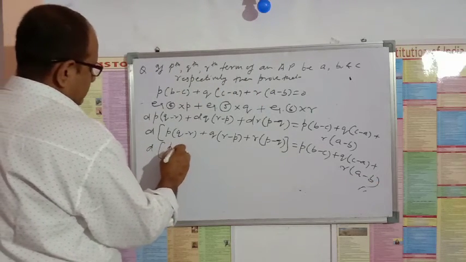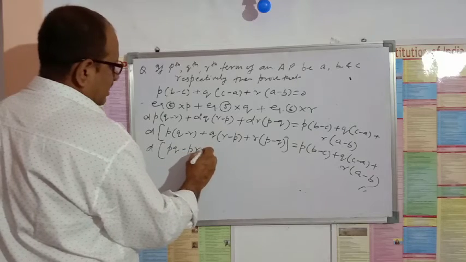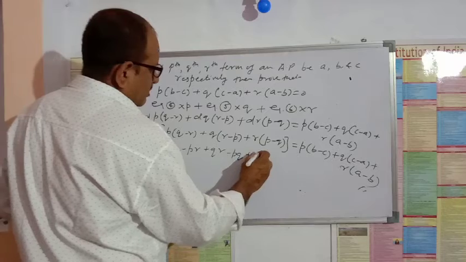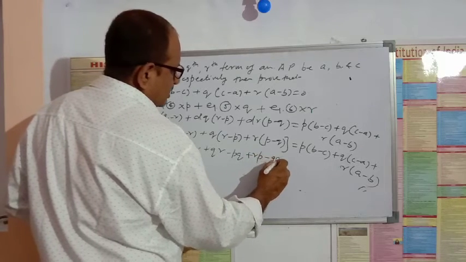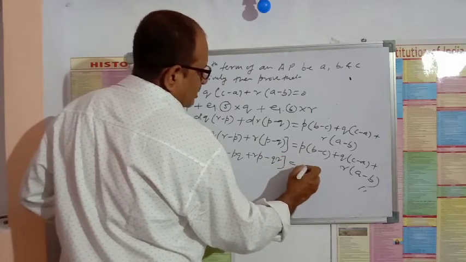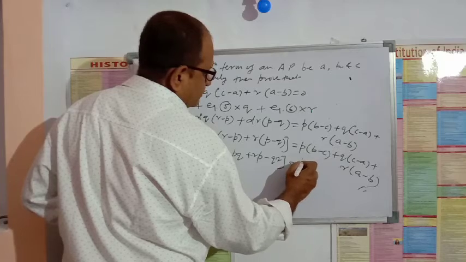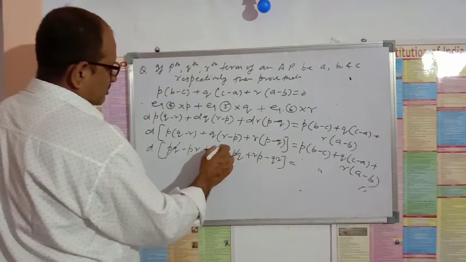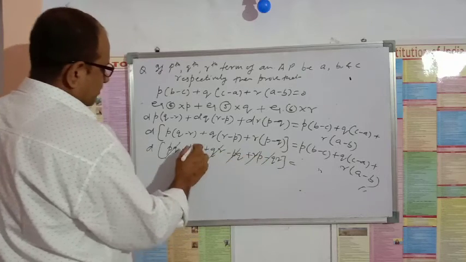Open the bracket: pq minus pr plus qr minus pq plus rp minus qr is equal to this one. pq cancels with pq, qr with qr, pr with pr.